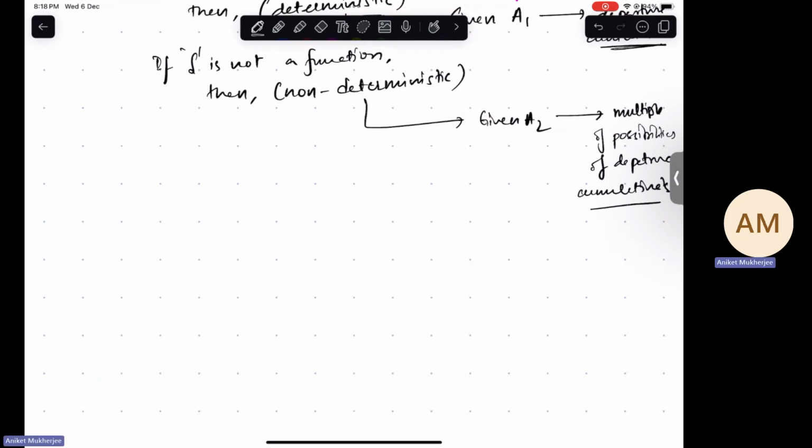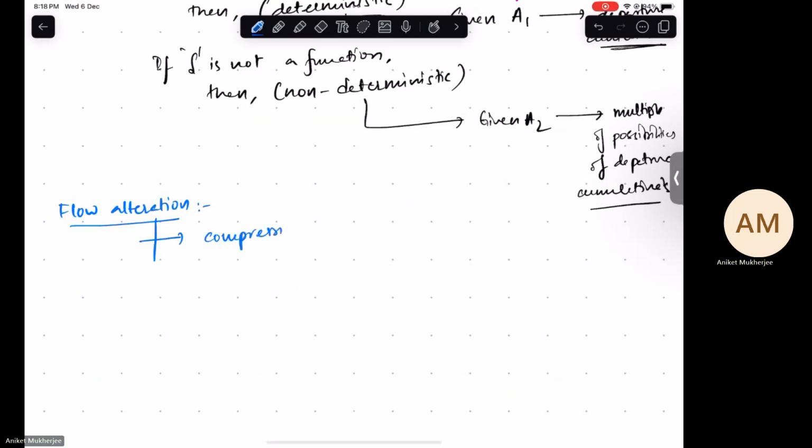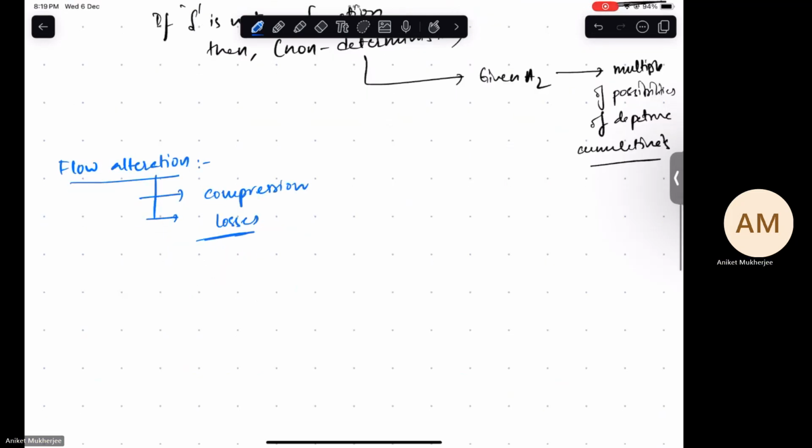Okay, let's talk about flow alteration. By flow alteration, I basically mean flow compression or any losses in the flow.